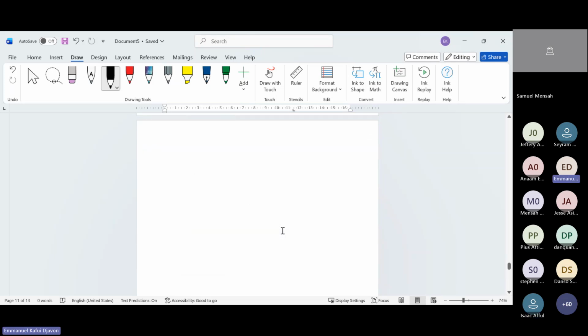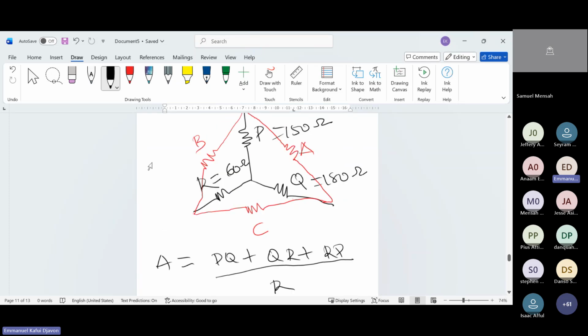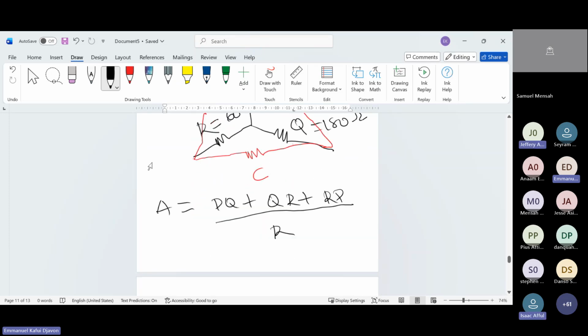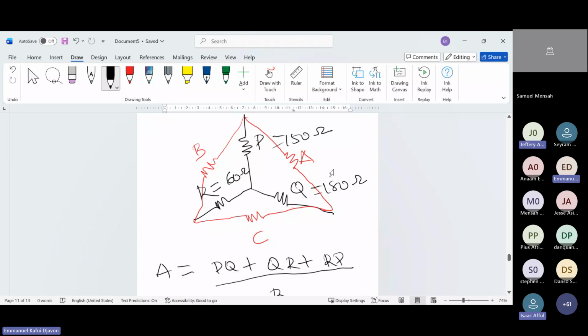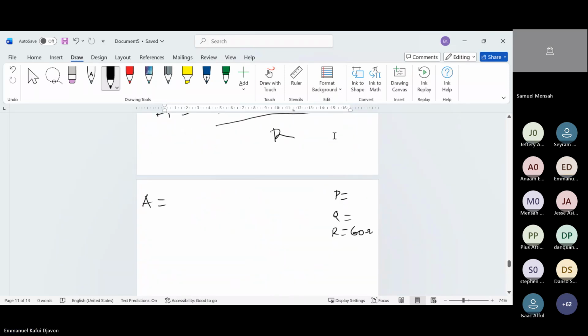Now we can easily write the formula from my head, so we shouldn't worry ourselves much. So A is equal to, from the question, let's write the data out. P is 150, Q is 180, R is 60 ohms. So P, Q, and R: 150 ohms, 180 ohms, and 60 ohms.